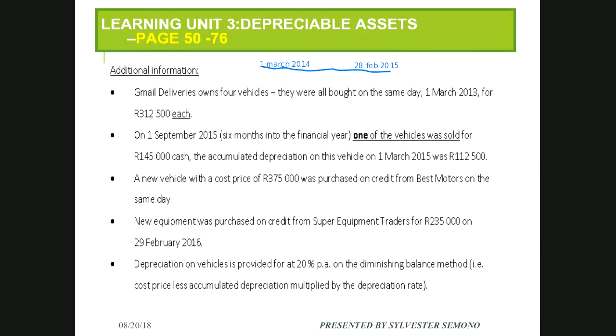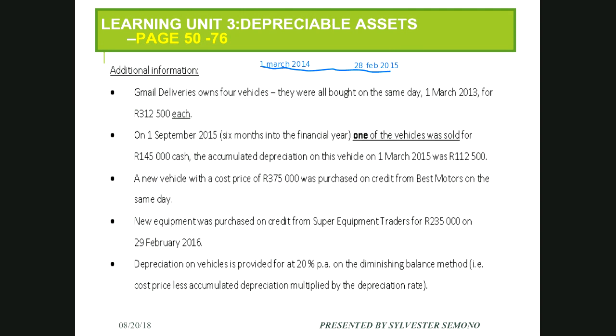Which one is the long method? No, I don't want to put brackets, so let's just use this method. Just follow me here. Just say 312,500 less 62,500. How much you get? 250,000. Yes. 50,000. Like that, no? Then you multiply by 20%.